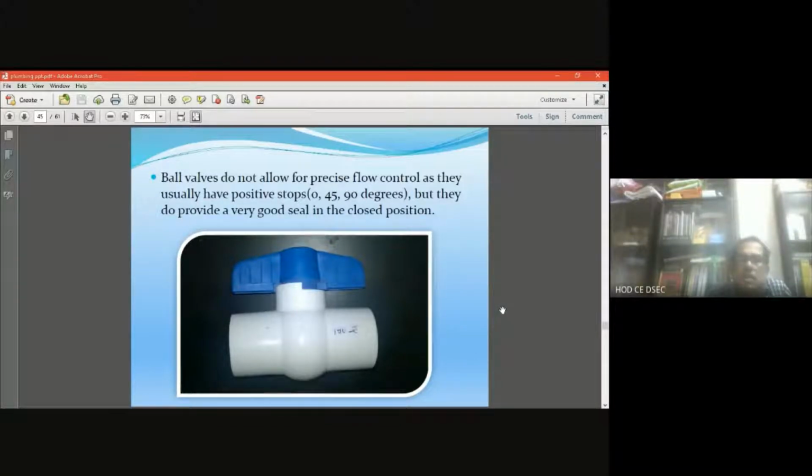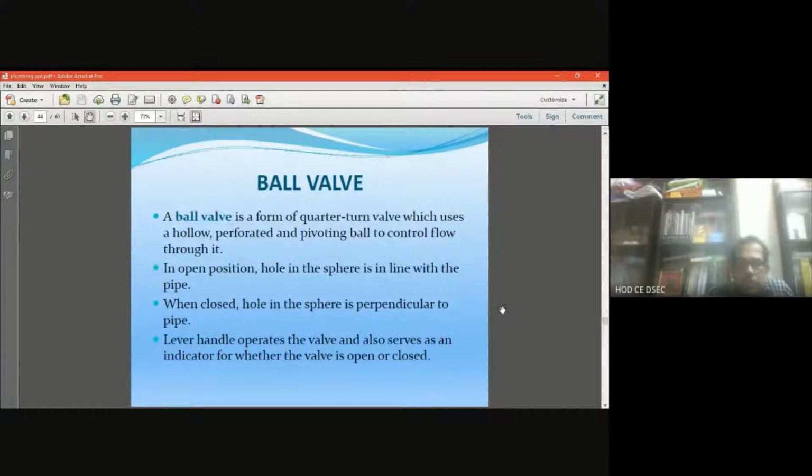So they do not allow precise flow control, but they do provide a very good seal in the closed position. That means if it is turned 90 degree, we are ensuring that the flow is sealed. For that function the ball valve is utilized. So what is a ball valve? I think I have been able to explain to you what a ball valve is.